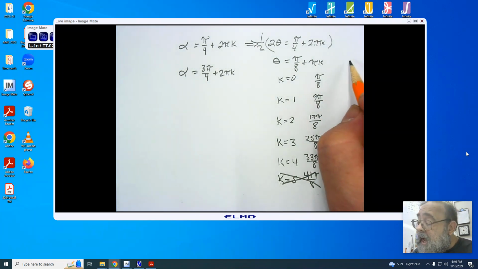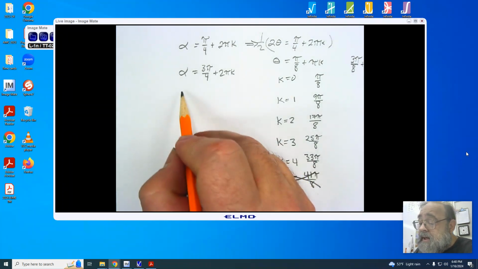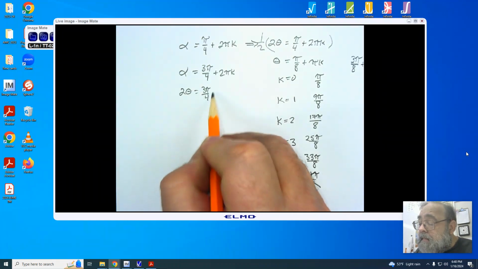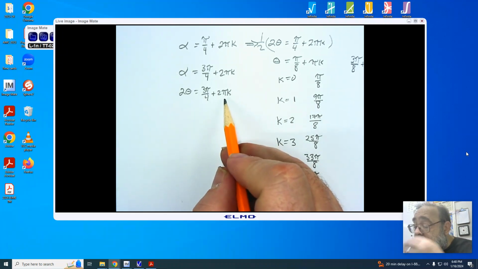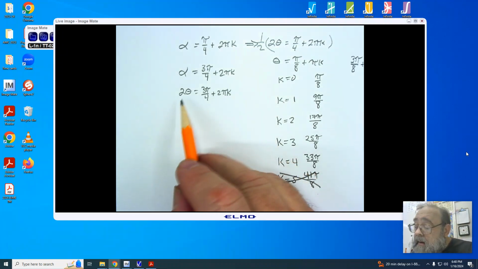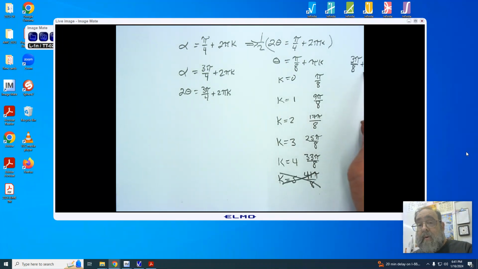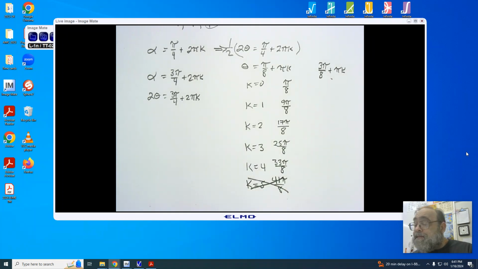I'm now going to look at 3 pi over 8 plus pi k, following the exact same thing. Notice, all I did was take 2 theta equals 3 pi over 4 plus 2 pi k, and I'm now going to find my solution by dividing by 2, and I get 3 pi over 8 plus pi k.